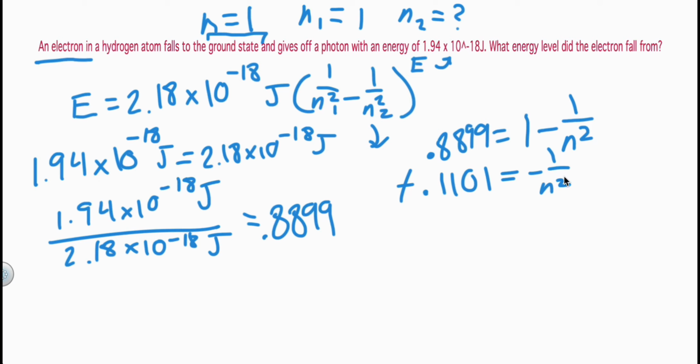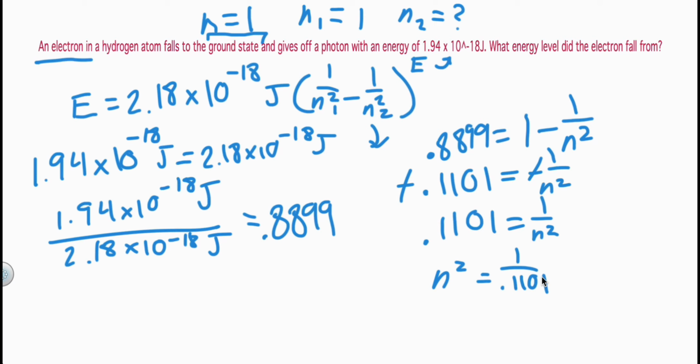So we can cancel out these negatives, so we have 0.1101 equals 1 over n squared. Now, you can work this algebraically from here and just do times n squared, but you can just flip these. So we're going to do n squared equals 1 over 0.1101.